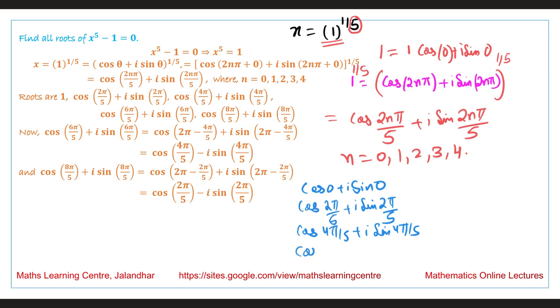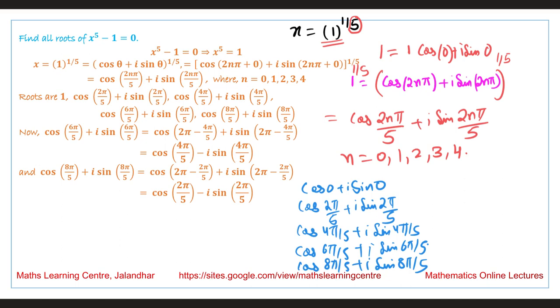Then we substitute 3 over here: cos 6 pi by 5 plus iota sin 6 pi by 5. Then we substitute 4: cos 8 pi by 5 plus iota sin 8 pi by 5.